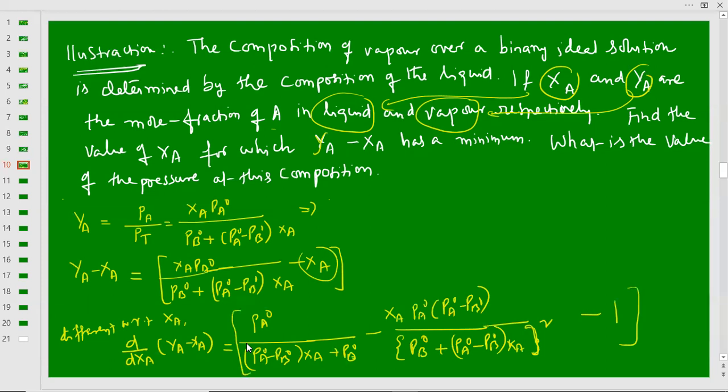Now the value of XA at which YA minus XA is minimum can be obtained by putting the derivative equal to 0. So YA minus XA will become minimum when we put this value equal to 0.